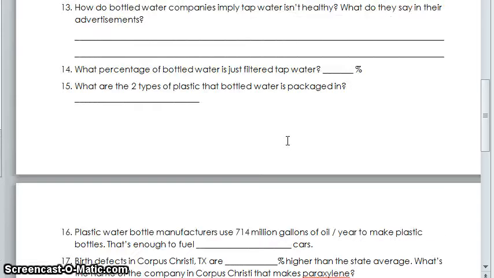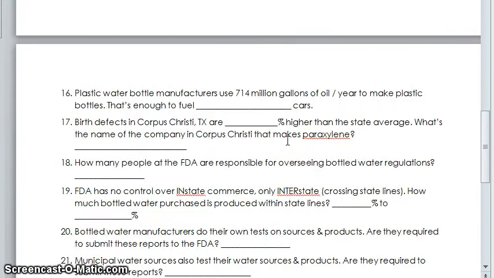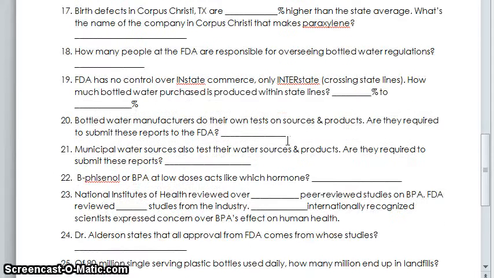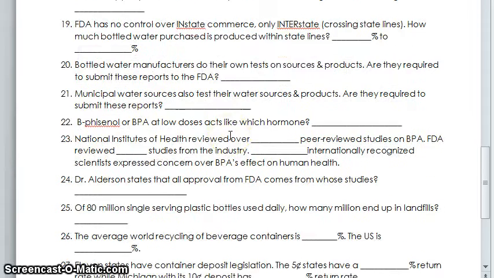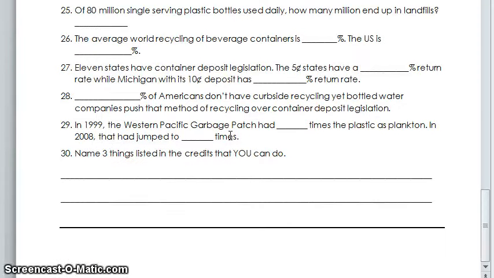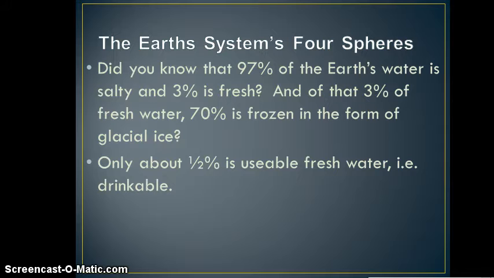We went over these questions after we watched the video. We got into a little discussion about the FDA and what they allow in different foods, and how they monitor the sale of water bottles, and what water bottle companies do, how they test their waters, if they test their waters at all. So we did a little bit of work on that as well.